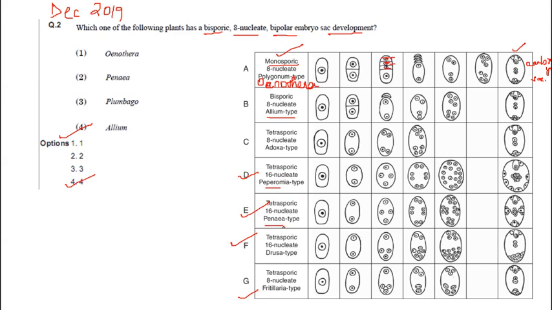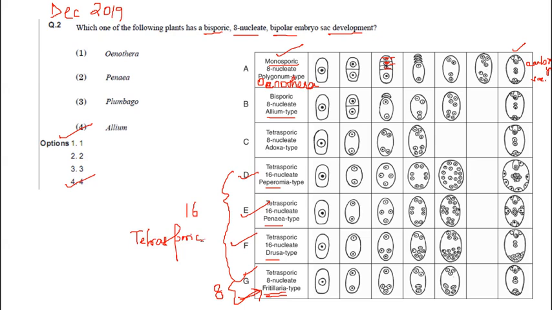These 3 are 16 celled, so just remember them. And the tetrasporic 8 nucleate type is Fritillaria. Please remember this 16 nucleate type and this 8 nucleate type, which are both tetrasporic. Just remember that the 8 nucleate tetrasporic type is Fritillaria. You will find this in questions.